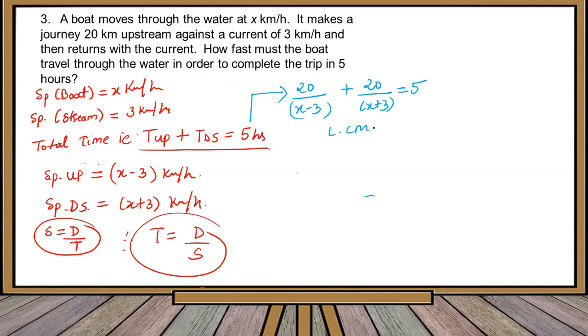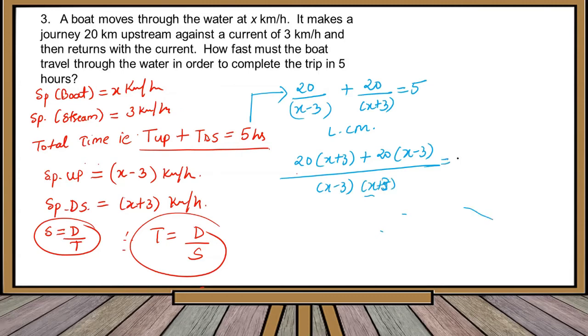Again, what do we do? Let us take an LCM. So it becomes 20 into (x + 3) plus 20 (x - 3), whole upon (x - 3)(x + 3), equal to 5. Okay, so let us open the brackets.